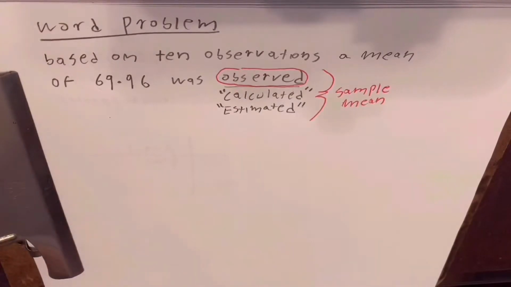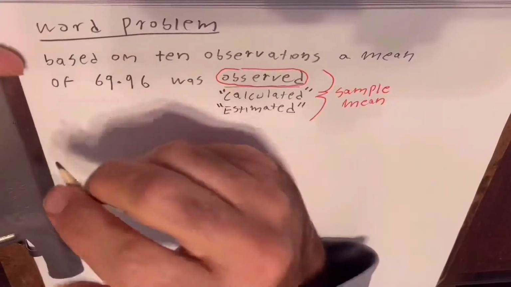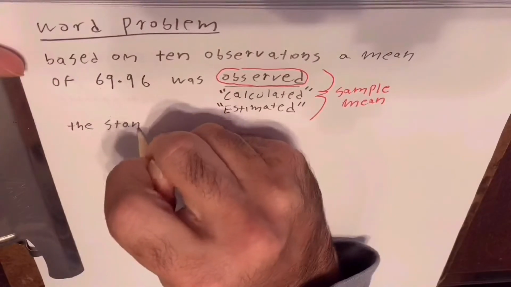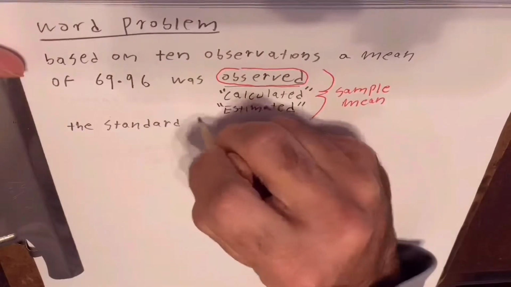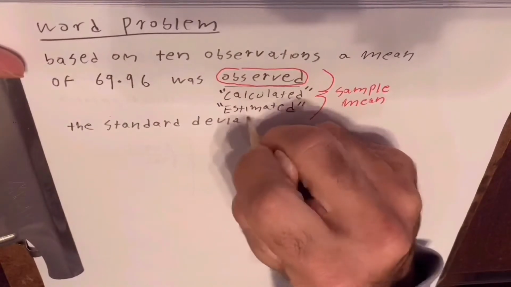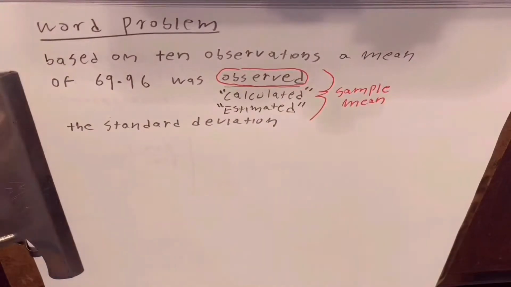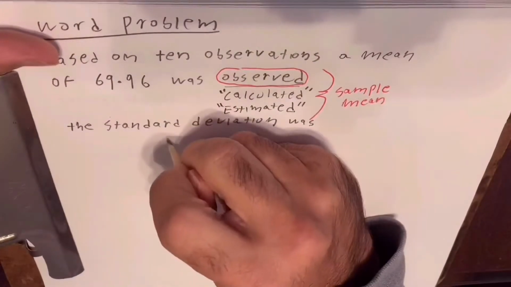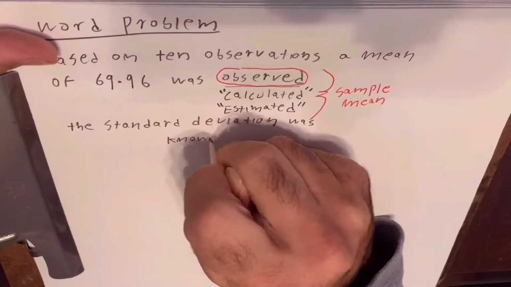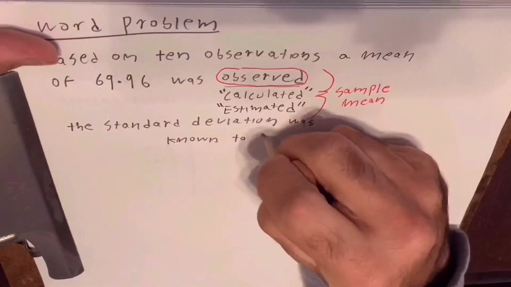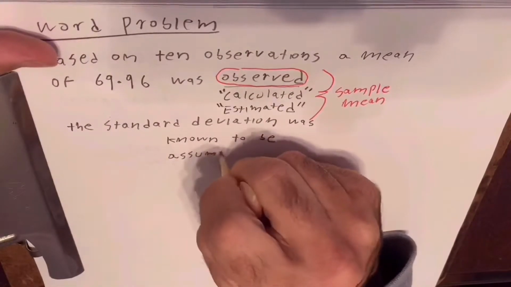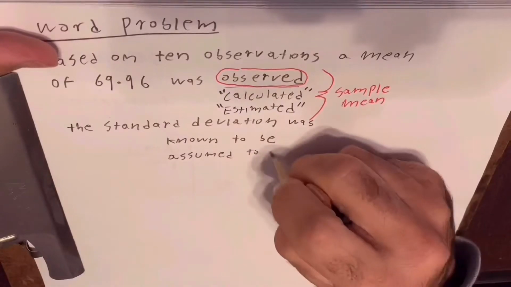Then it's going to say something like the standard deviation, and it could say a bunch of different words. It might say known to be. It might say assumed to be.